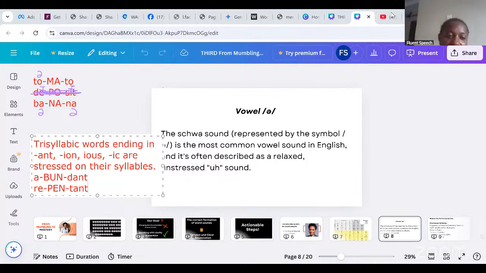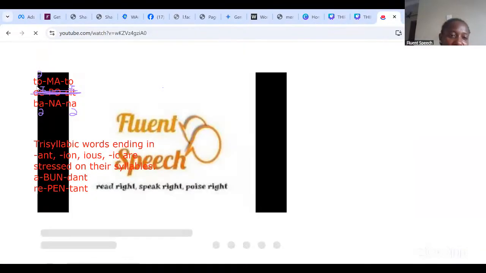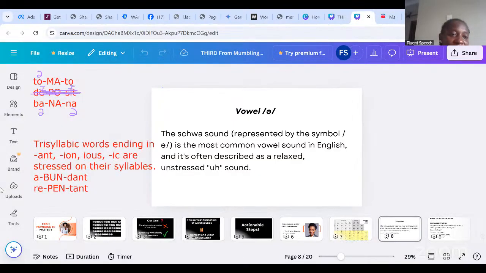Now let's go to ION words. If I have a word that ends in ION and the word has 3 syllables, I should also stress the second syllable. For example, suggestion.